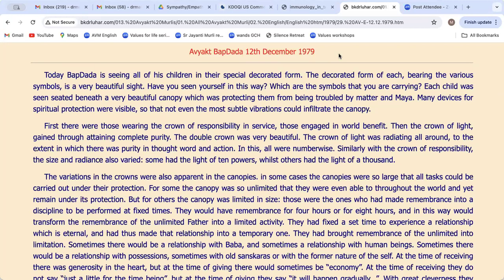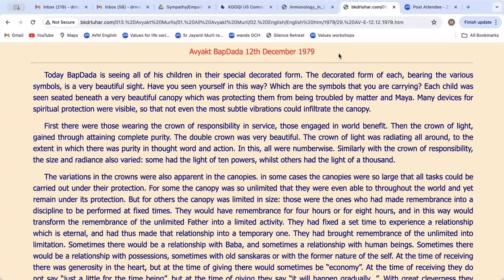Depending on this, Baba always says, Dadi Gulzar also used to say, that the intensity of your sparkle is directly correlated with this purity. The more pure I am in these aspects of thought, word, and action, the brighter will be my sparkle. And Baba says in this, all of you were number-wise.